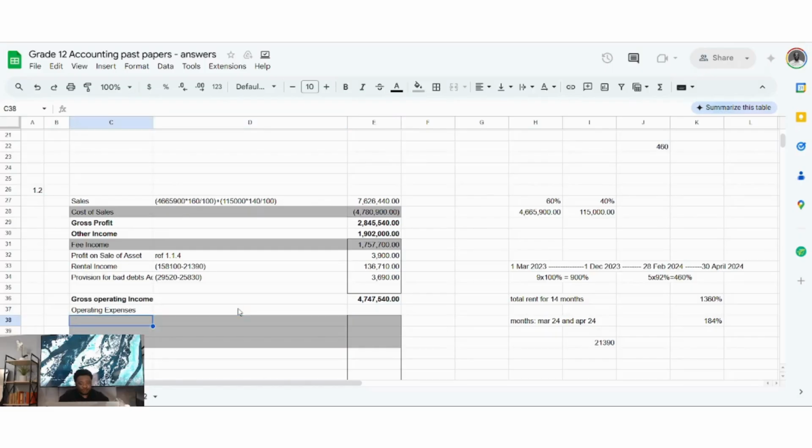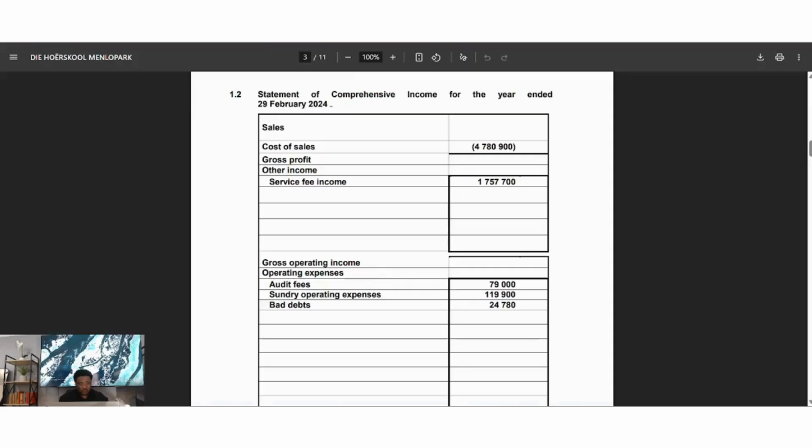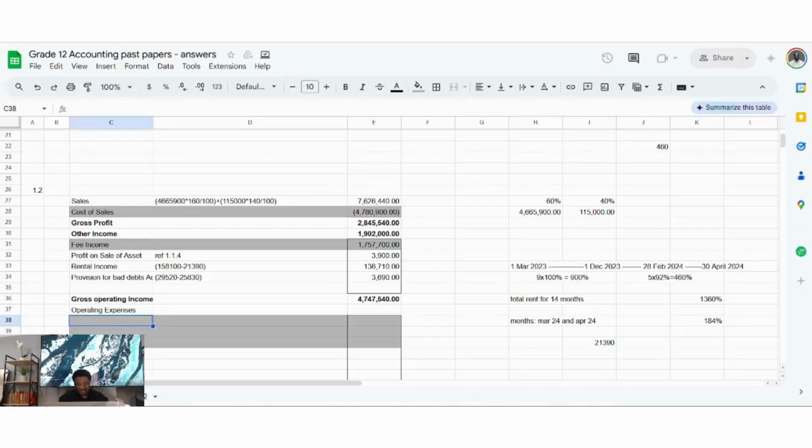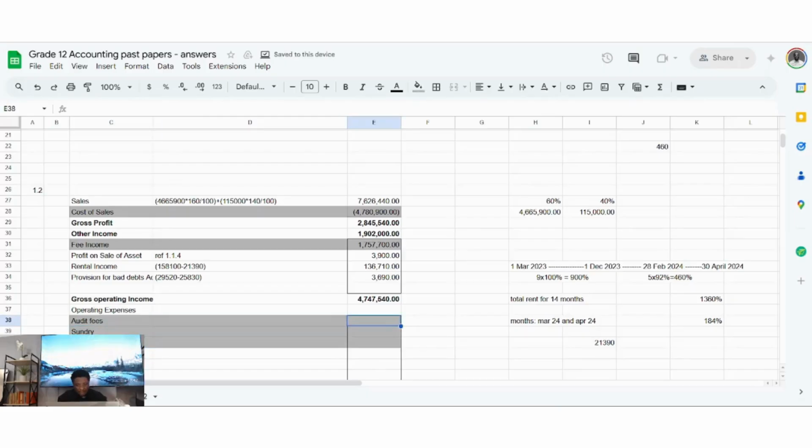All right, operating expenses. So we got 3 to start with from the trial balance. So we got audit fees, sundry, and bad debts. So I'm going to say audit fees, sundry, bad debts. Let me just input the amounts.